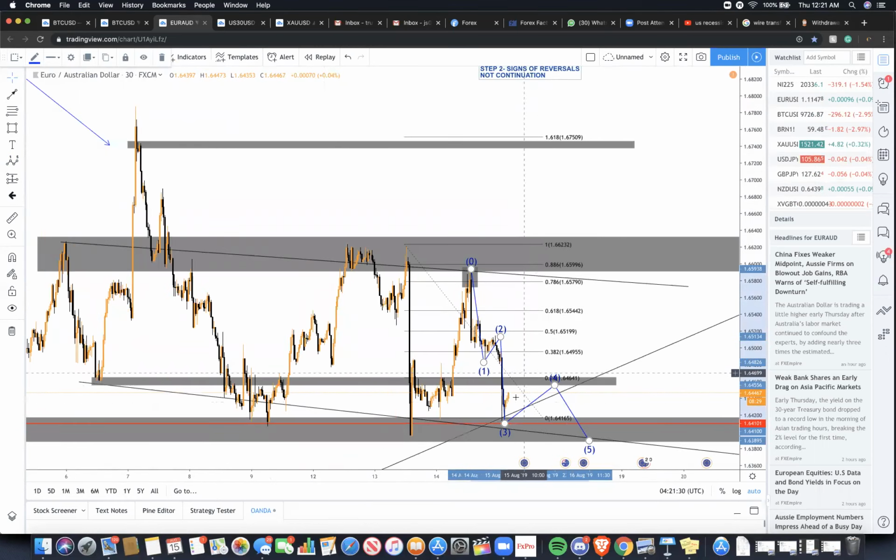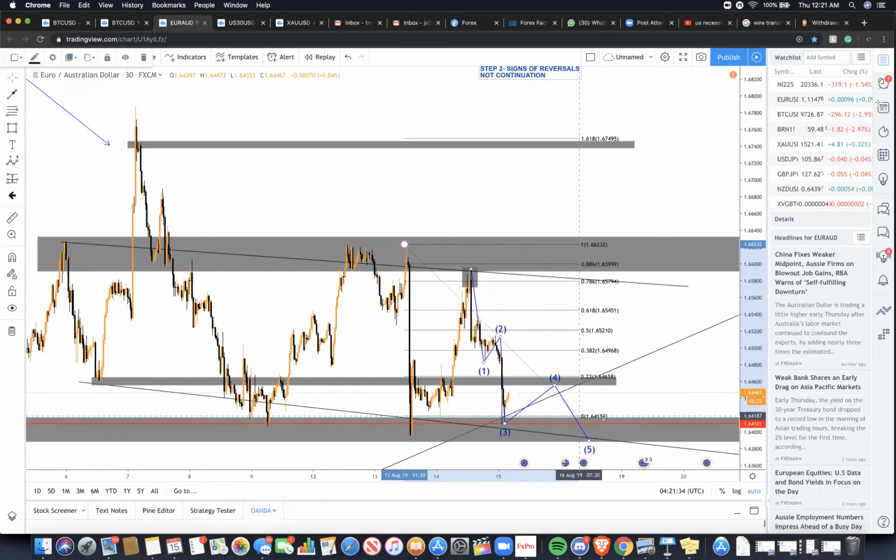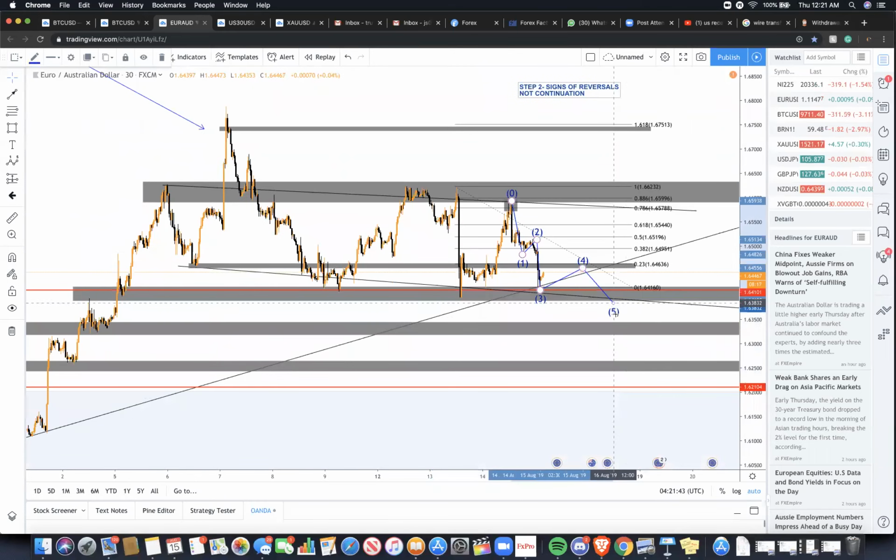What does that tell me? With a clear sign of the market failing to break the 23.6, what's the rule? The lower the percentage, the stronger the retracement. So if I'm looking for the market to break this zone here where the third wave couldn't, that tells me that the fourth to fifth wave is a potential strong move to the downside.